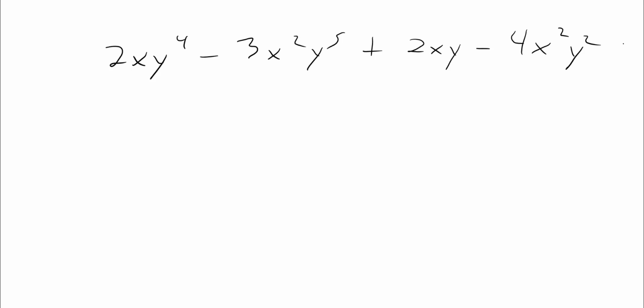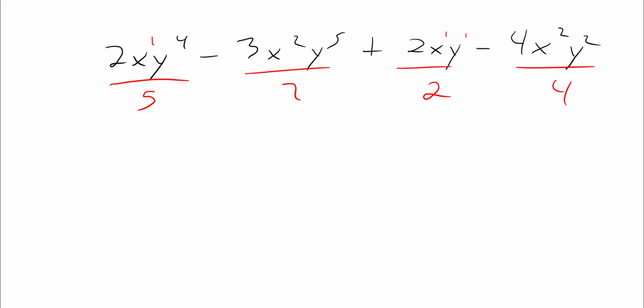Okay? So let's just figure out what each term is. This is, let's put a 1 there, so you know this is degree 5. This is degree 7. There's a 1 and 1, so this is degree 2, and this is 2 and 2, so this is degree 4.